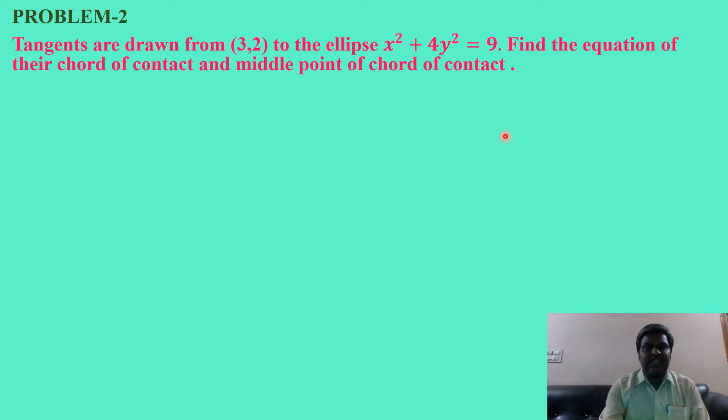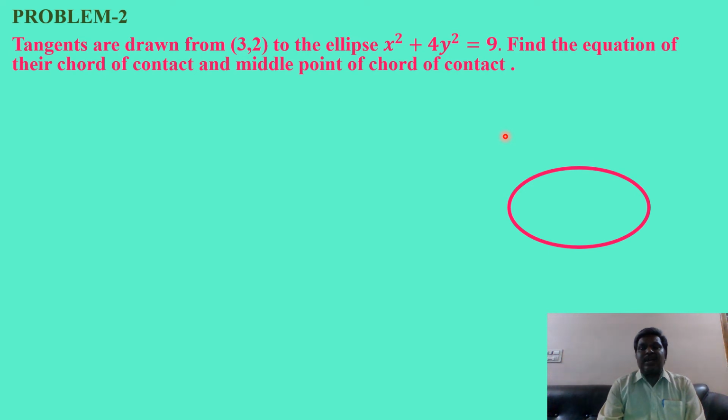Let us see how to solve this problem. This is the given ellipse as shown in the figure, x square plus 4y square is equal to 9. Now this is your external point, because the chord of contact is defined for an external point. This is (3, 2).